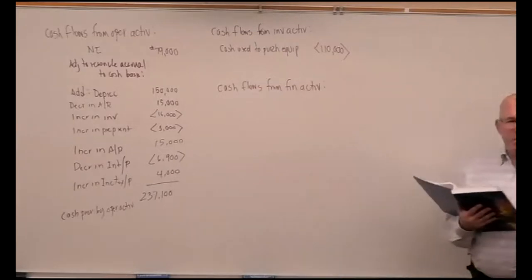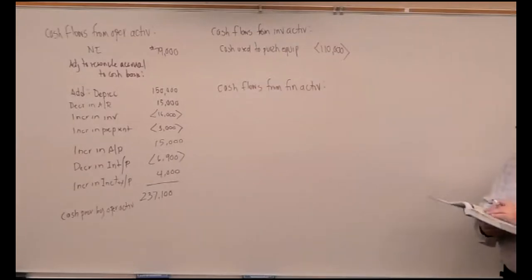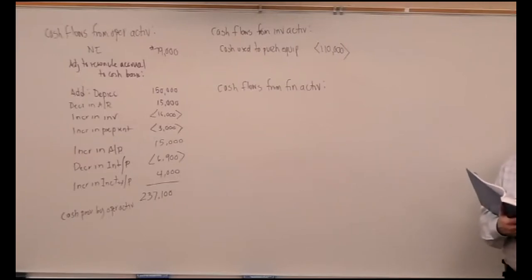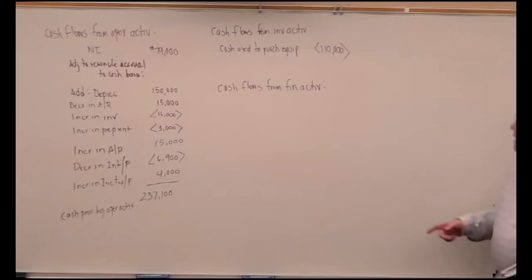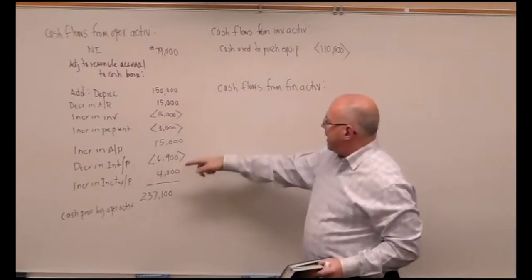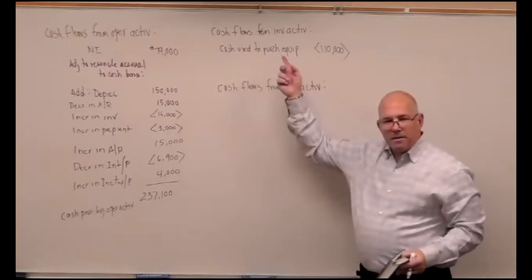We have cash flows from financing activities. Where do we look for the financing activities? So we've taken care of the income statement, current assets, current liabilities, non-current assets.